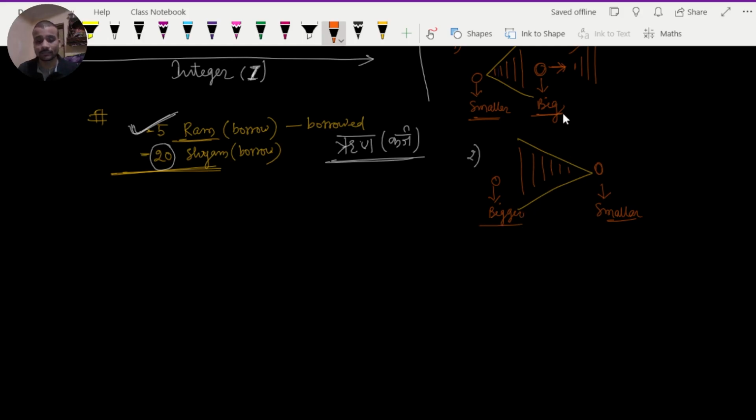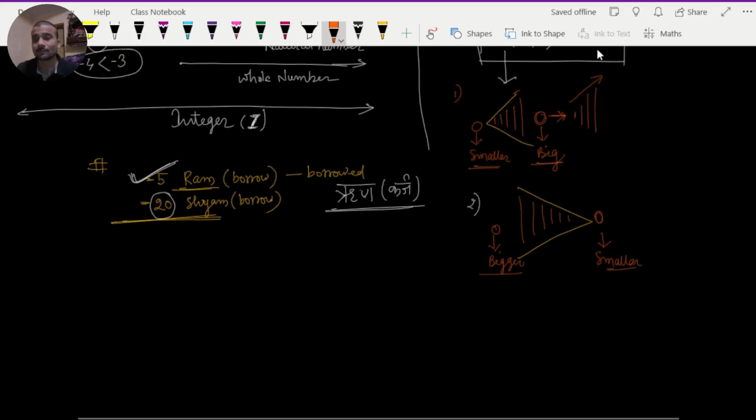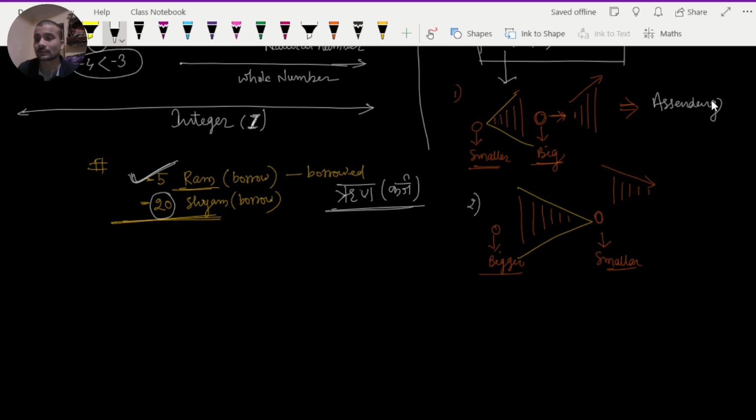So in another way, this was decreasing, it is increasing. Increasing, in another word, is a synonym of ascending, or more than that of previous. Decreasing is descending, or less than.